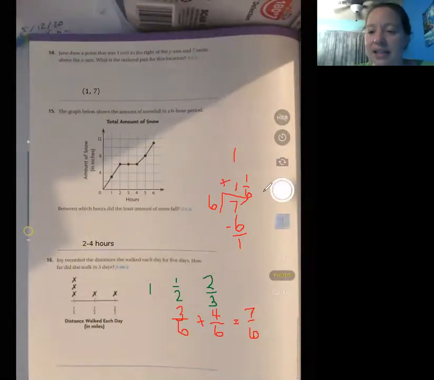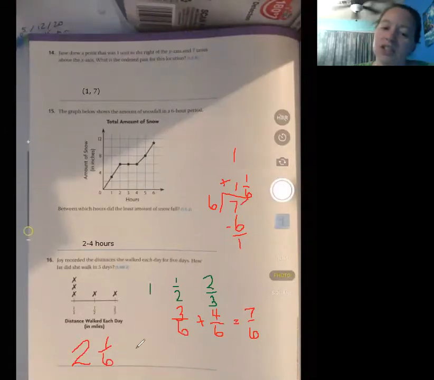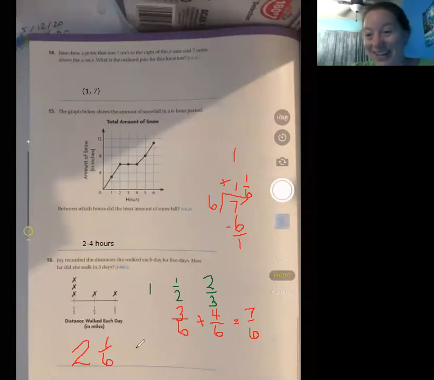So we add that together. 1 plus 1 is 2. And then we're left with our fraction of 1/6. 2 and 1/6. And yes, that's a very funky looking number. But we are done with the mid-chapter checkpoint.